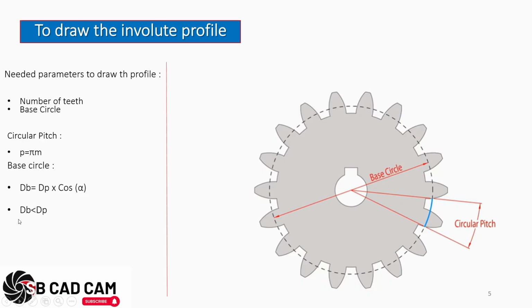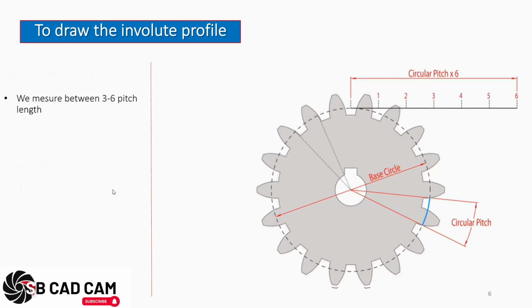So the base circle is smaller than the pitch circle. Then we measure between 3 and 6 pitch lengths. It depends on the precision you want to have.